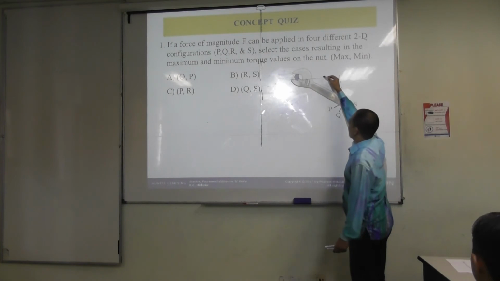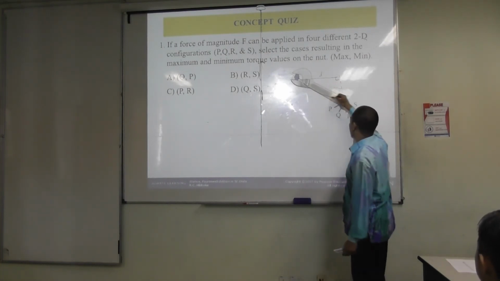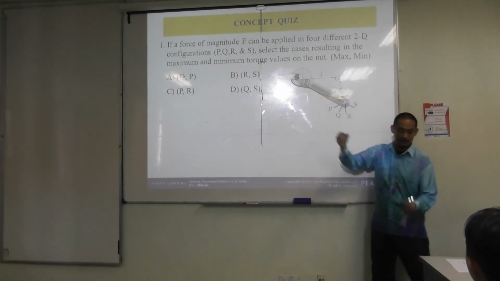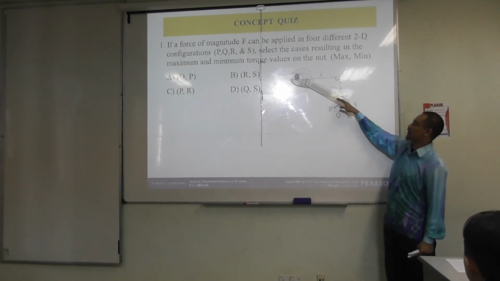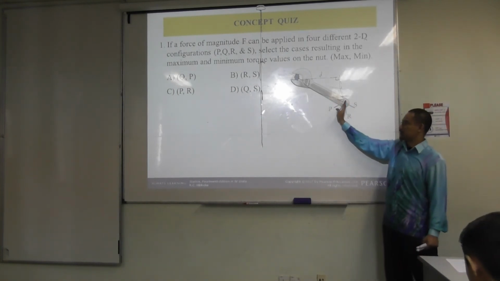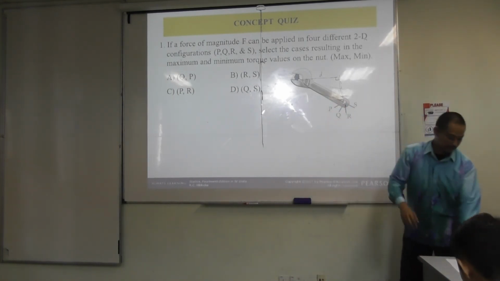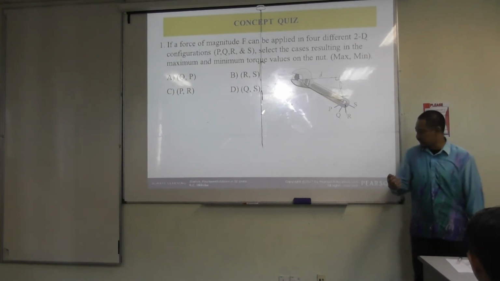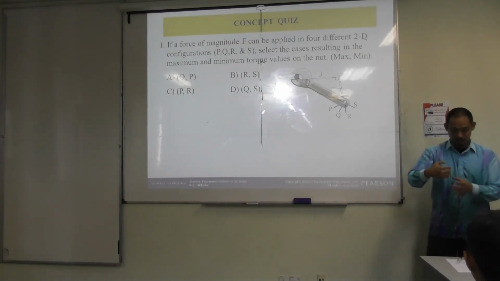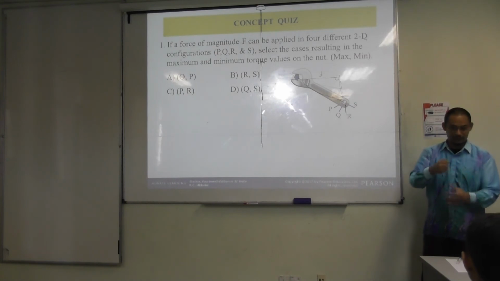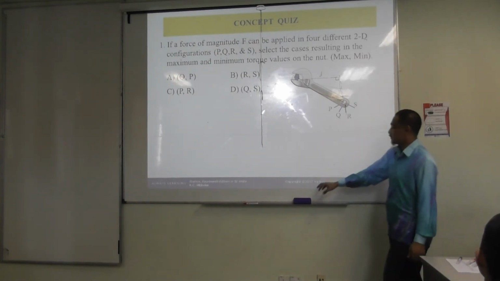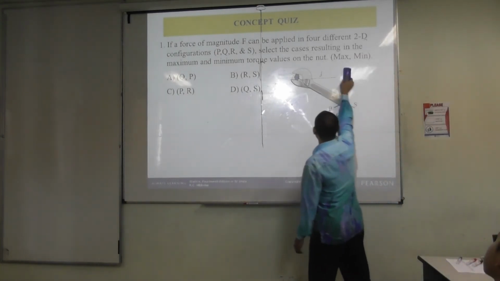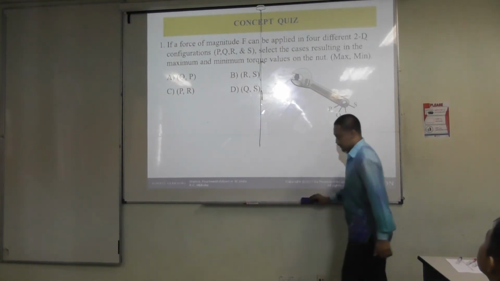So obviously this perpendicular distance here is shorter than the hypotenuse of this triangle, right? So the maximum length that you can get is the hypotenuse, which is actually this one, right? So that's logical. That's why when you apply, we instinctively know it should apply perpendicular to the hammer, etc. Otherwise, we are actually wasting our energy.